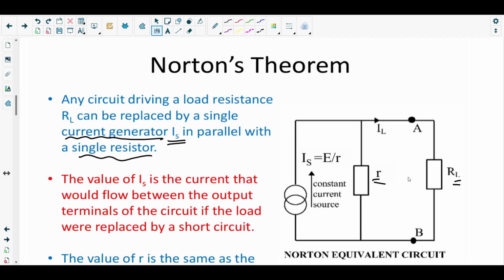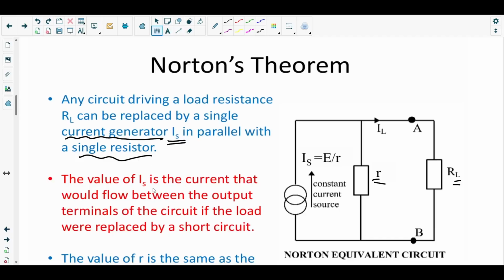So you are not supposed to get the current if you connect both the internal resistance r and the load resistor in series. So that's why you have to connect them in parallel, and that's exactly what the Norton's theorem does. Okay? The resistors are connected in parallel so that you can find the current flowing through the load resistor specifically.